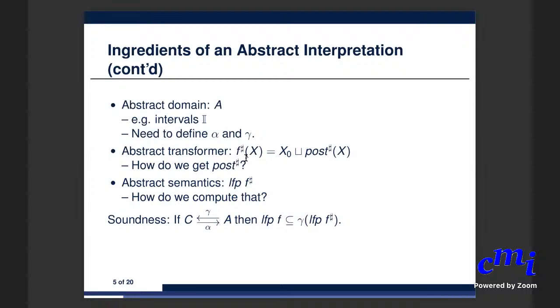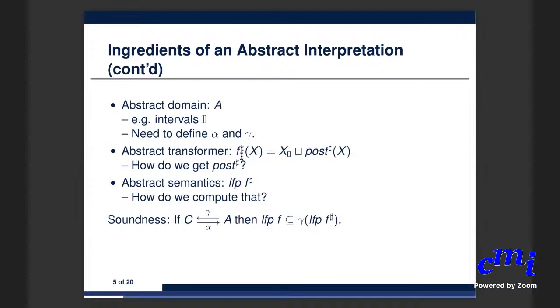The purpose was to define a criteria for constructing f hash, but we'll have to construct the f hash, and I'll show you how. There is a small example, like we did union of intervals in EVA. That's right. So for example, when you do x is equal to x plus 1, if the value of x is already an abstract domain as an interval, you could just extend it.